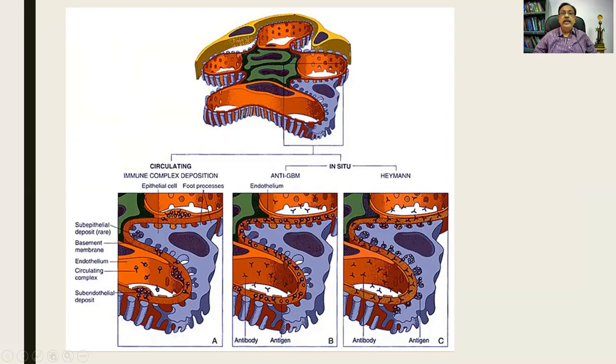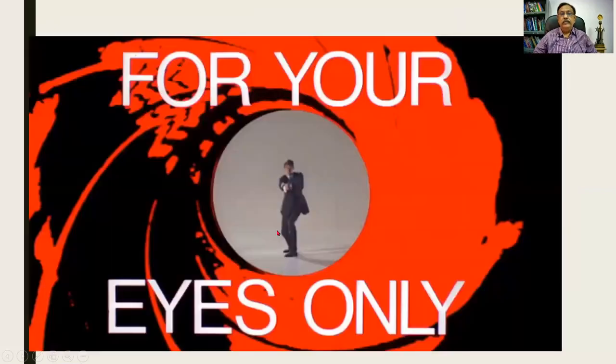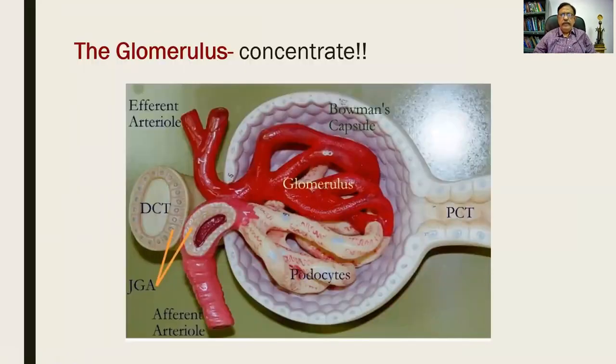The mesangium, the capillaries again made up of endothelium and epithelium. And this is the basement membrane. Being one of the first topics, I shall be slow and deliberate. And this is the glomerulus. In the kidney, you have got the diseases such as those of the tubules, the interstitium, the blood vessels, and the glomeruli.